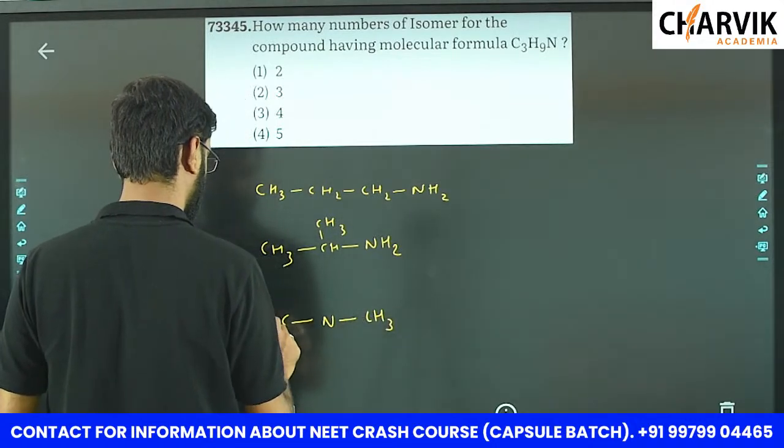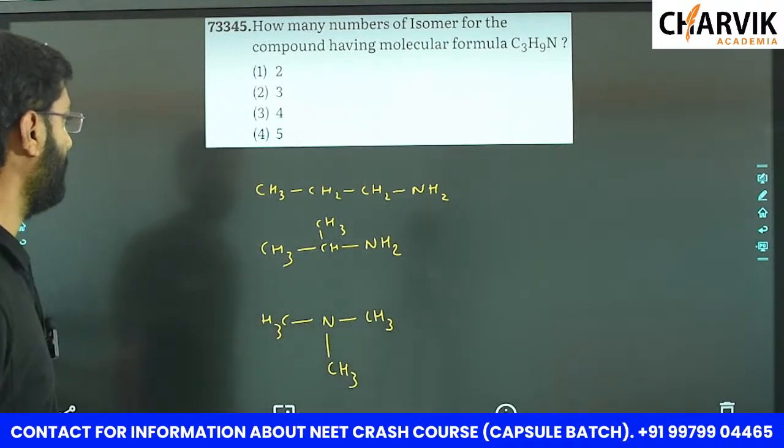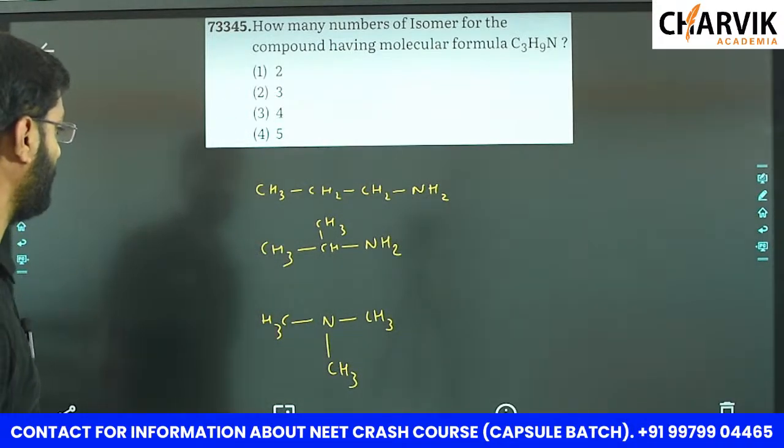This is your CH3, right? This one is your second. CH3N, CH2, CH3, and here H, right? This is your fourth. Okay, so total number of isomers is 4.